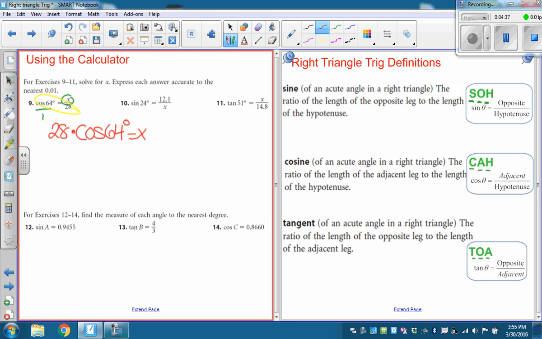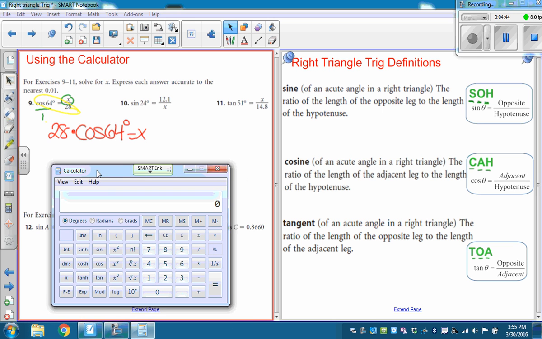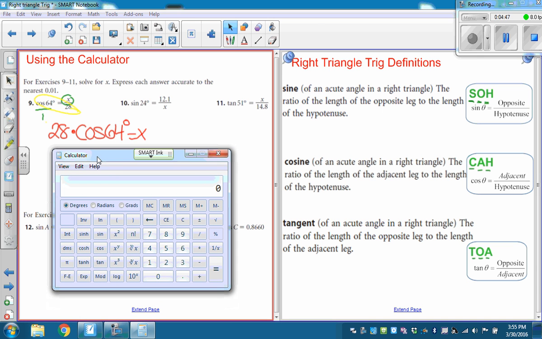You pick up your calculator, you make sure it's in degrees, and my calculator's in degrees. Every calculator works a little bit different, but 28 times cosine of 64.